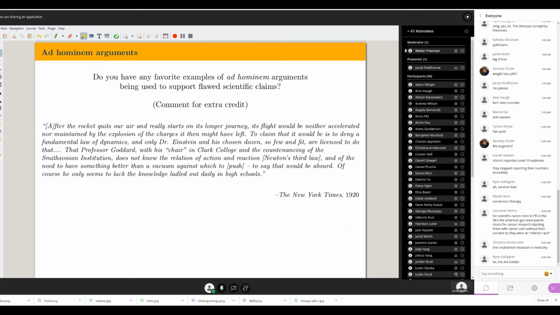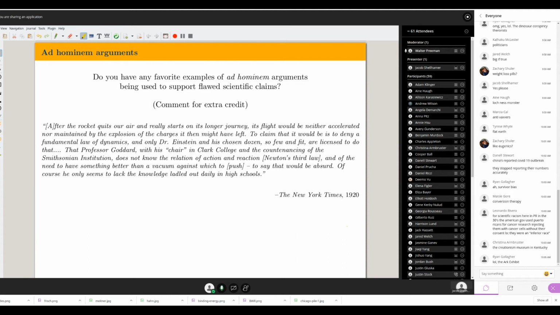That Professor Goddard, with his chair in Clark College and the countenancing of the Smithsonian Institution, does not know the relation of action and reaction, and of the need to have something better than a vacuum against which to push, to say that would be absurd. Of course, he only seems to lack the knowledge ladled out daily in high schools.